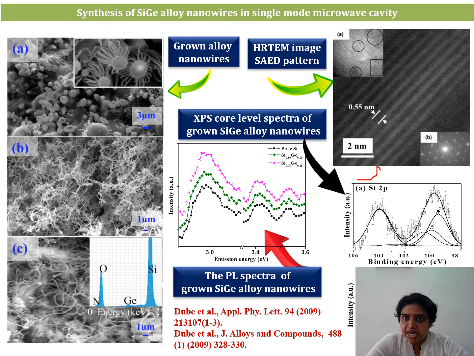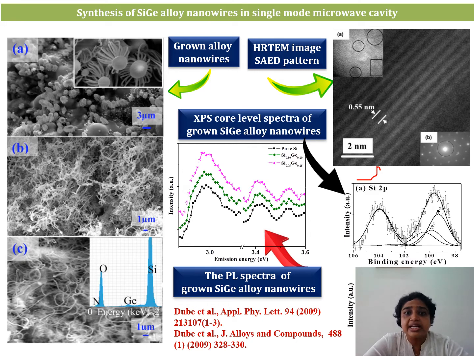From HRTEM we saw the core is very crystalline, that is the silicon germanium alloy nanowire, and the spacing between the fringes corresponded to the alloy nanowire. However, these results reveal that there is some oxide formation on the surface. So the oxide is on the surface, and inside is the core; the shell is to some extent oxide, and the core was crystalline silicon germanium alloy.